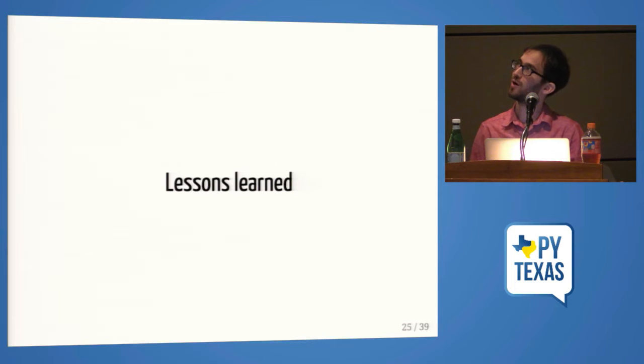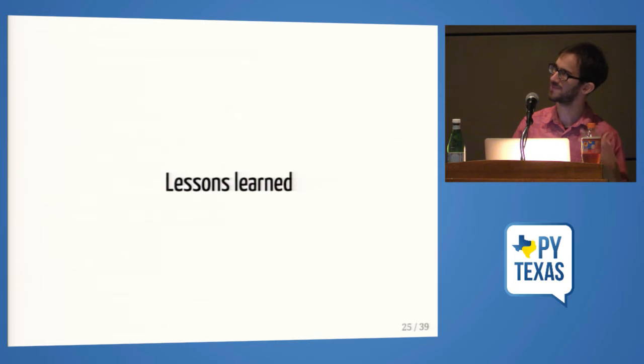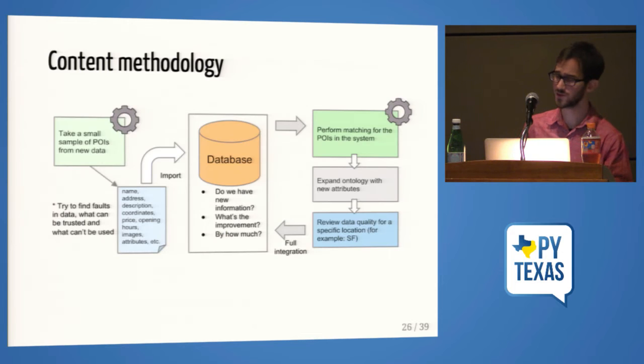So once we've done all of this and we went through all of our workflows, there are some lessons learned that took a lot of time to collect. The first one is that you need to have a content methodology.